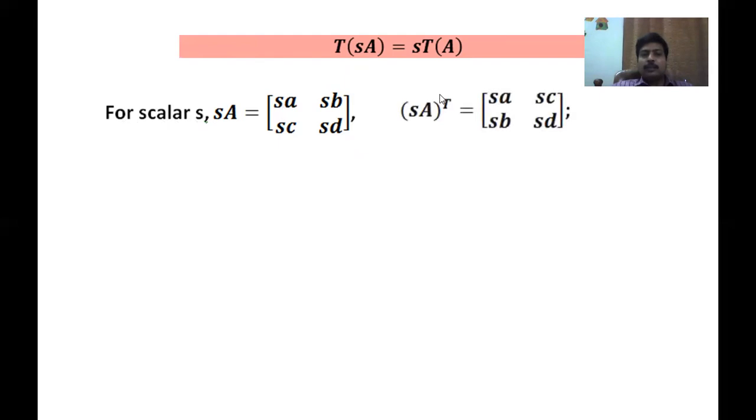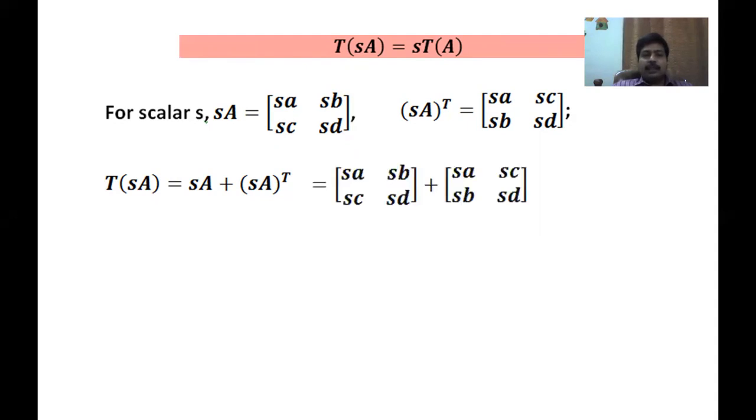And SA transpose is [SA SC; SB SD]. The rows are converted to columns, that is transpose. So T of SA is equal to SA plus SA transpose, adding these two matrices.